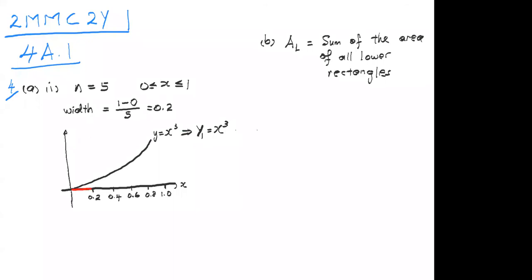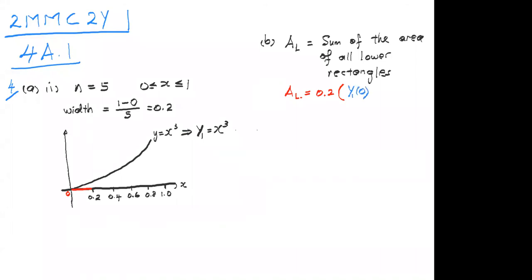Lower, because between x equal to 0 and x equal to 0.2, the y coordinate at x 0.2 is bigger. So you want lower, so when we do the calculation, my AL will be equal to the width, which is 0.2, times the height of the first rectangle, taken as y1 0.